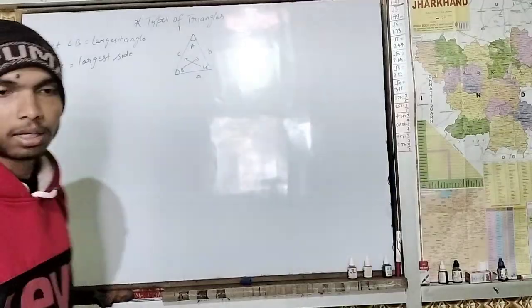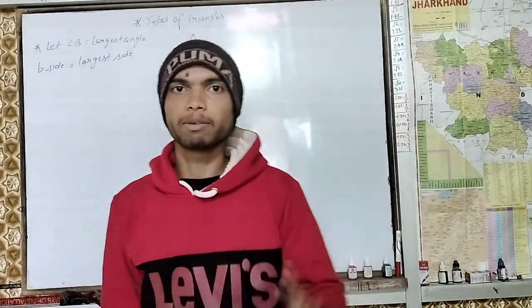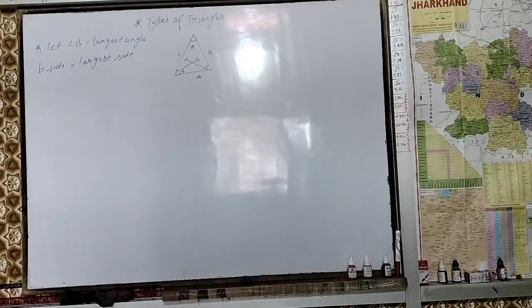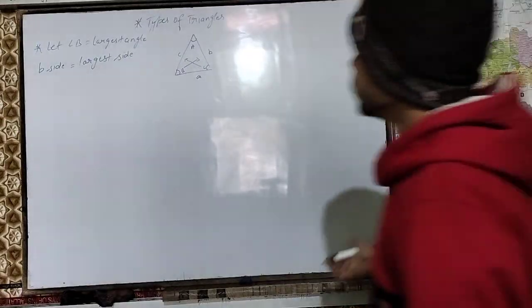If the angle is largest, the side in front of that angle will also be largest. In front of B means AC.